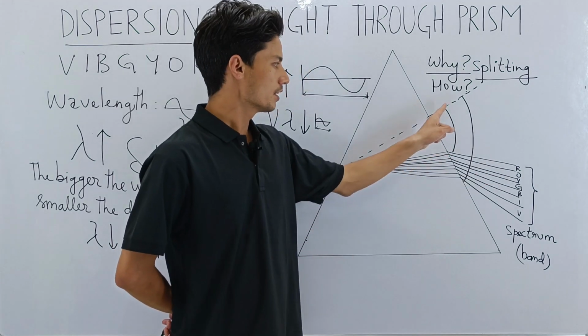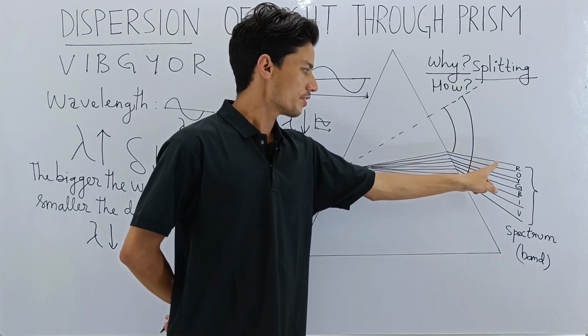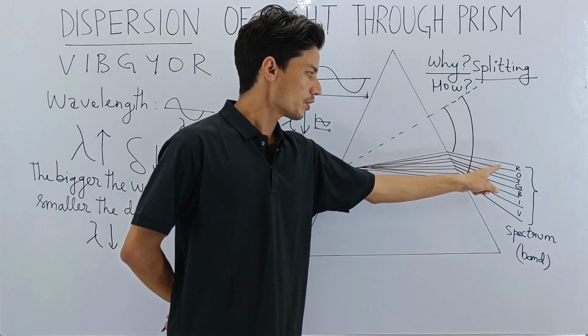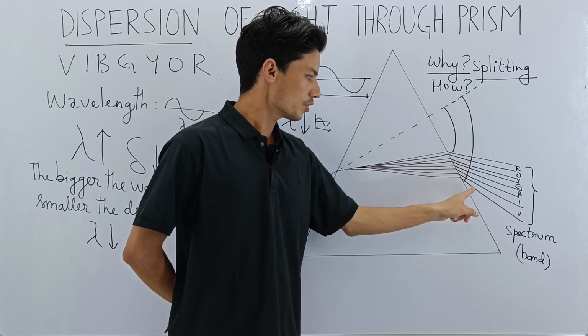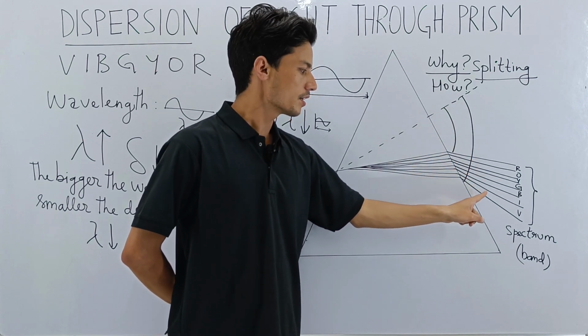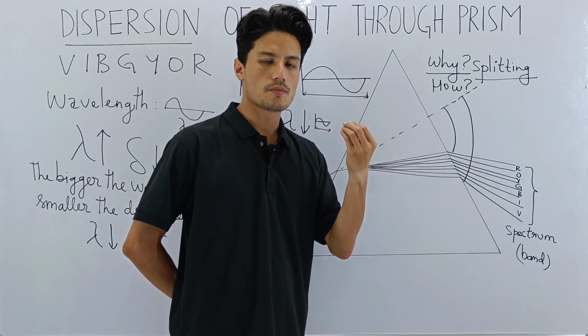Clear? Who has the longer wavelength? Red. Having a longer wavelength, red deviates less. Having a shorter wavelength, violet deviates more.